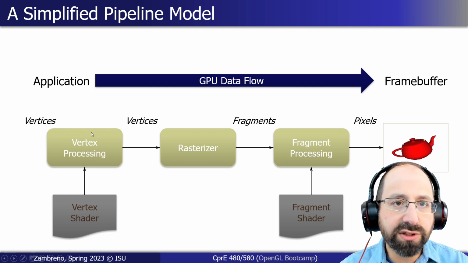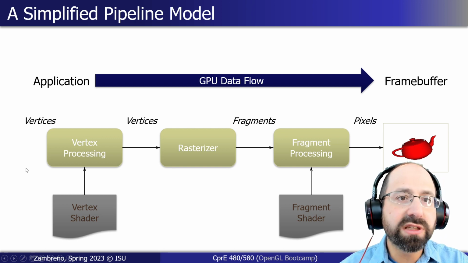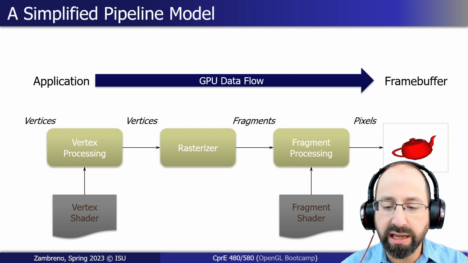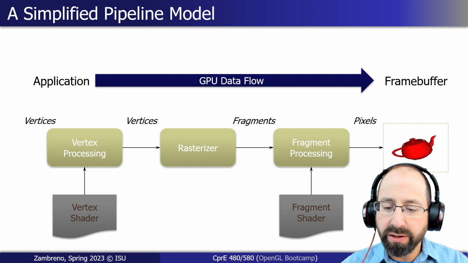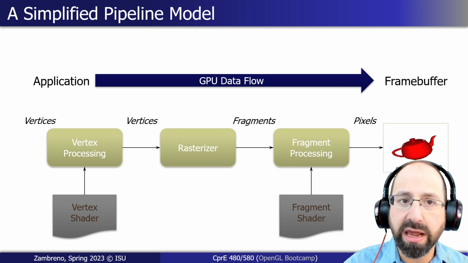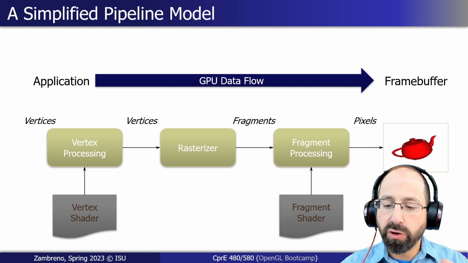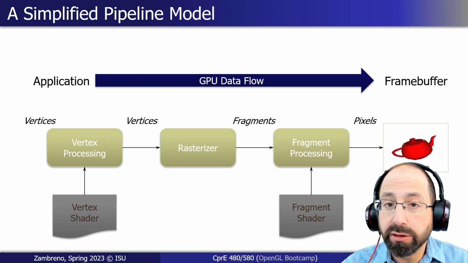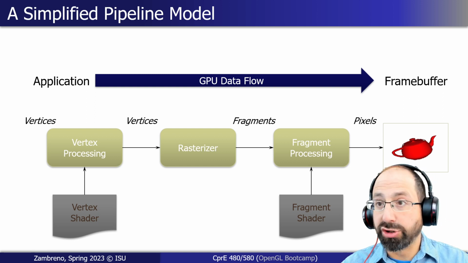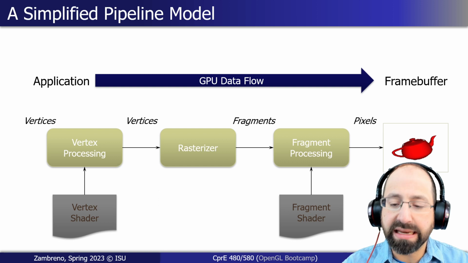So this kind of left to right flow on my screen here is a good enough simplification that I think we can use this to influence our understanding of OpenGL, because for every one of our applications in OpenGL, we really have the same number of tasks that we have to do, kind of independent of the complexity of the scene itself. For our scene, we have to specify what are our vertices. So a lot of our OpenGL code is determining what is our geometry and what are our vertices and what attributes do they need to have.